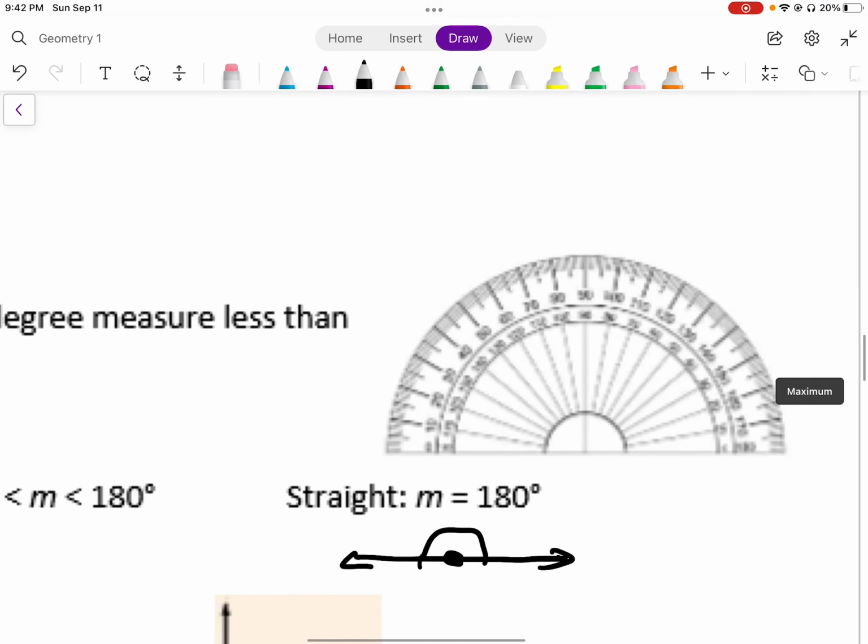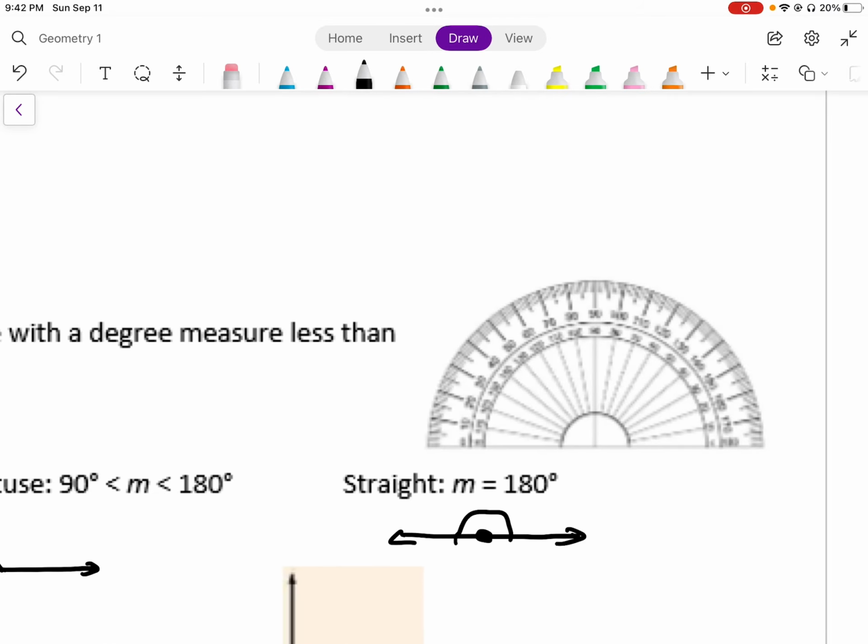Now this protractor here is pretty blurry, but notice that there are two sets of measurements here. We have the inner ones, and then we have these outer ones. You use whichever ones make sense to use.